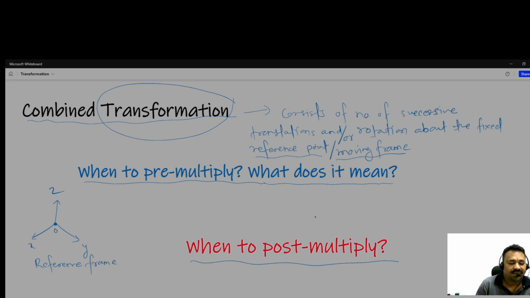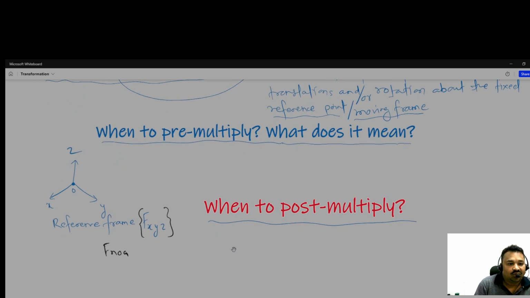This is the origin, and the another frame, this is the reference frame, and it is denoted by F, x, y, z. Okay. And some another frame, and another frame F n o a is coinciding.